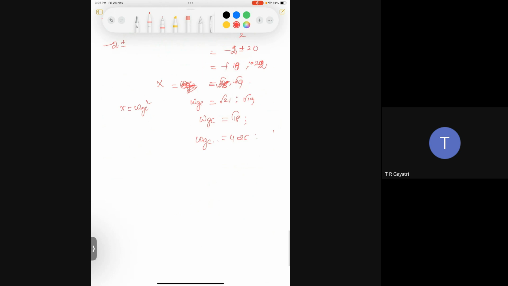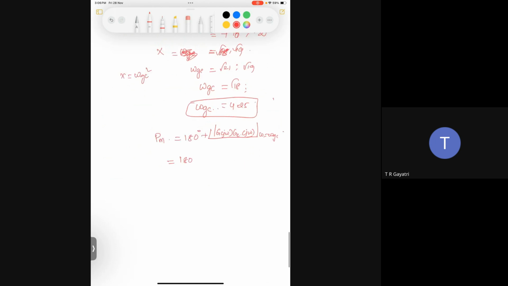If we find this omega gc, then finding the phase margin is easy. It's 180 plus the phase angle of G of j omega into Gc of j omega, if you have a compensator, at omega equal to omega gc.